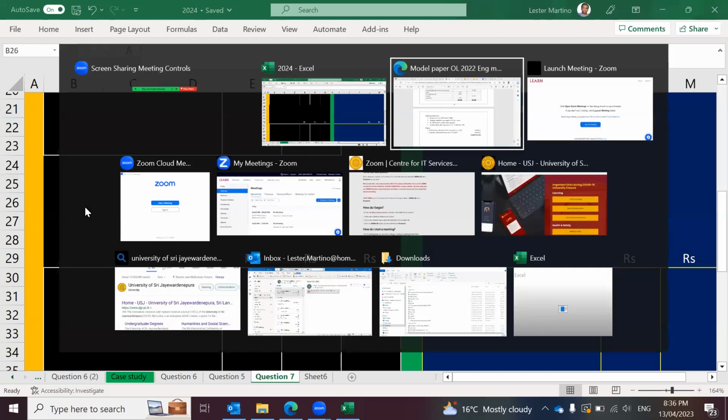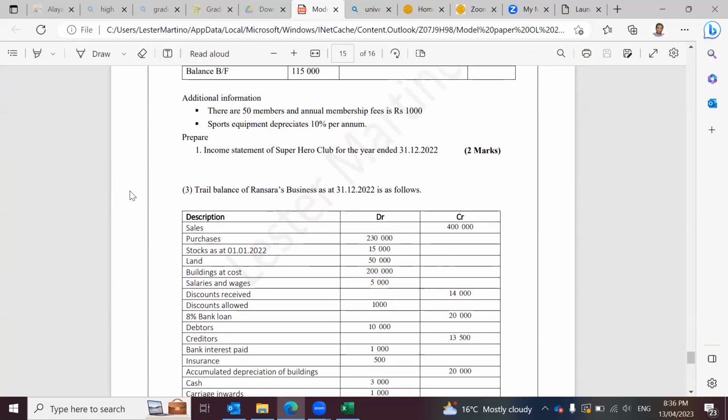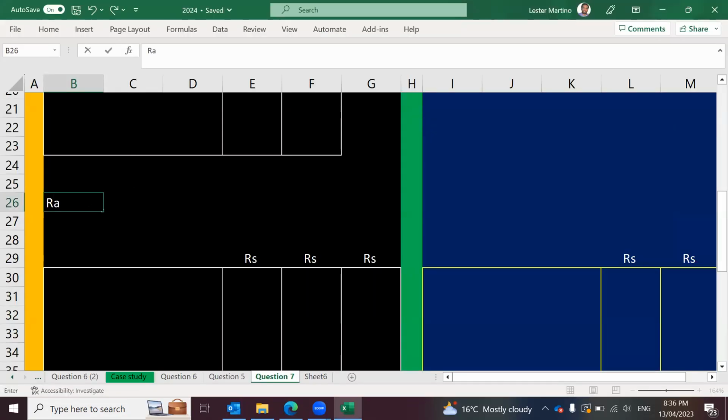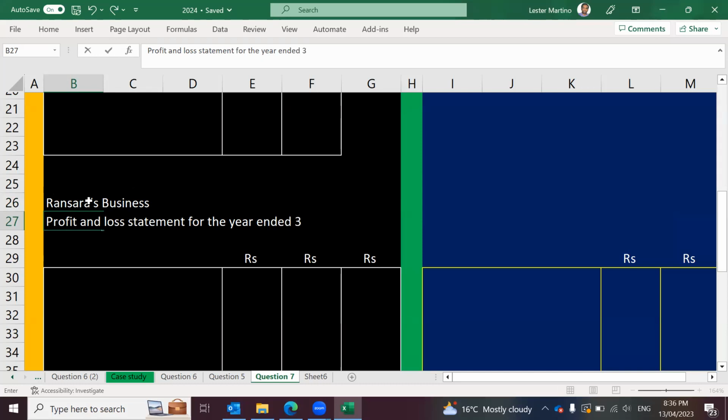The name of the business, Ransara's business. Just write it down. Profit and loss statement for the year ended 31st December 2022. And then same way, we'll do parallelly.